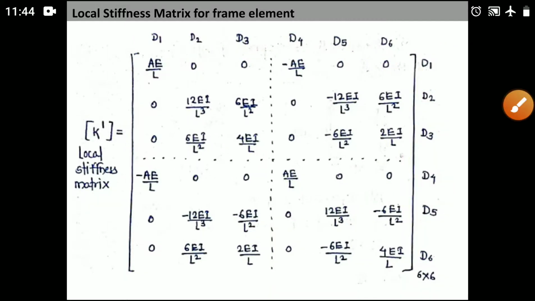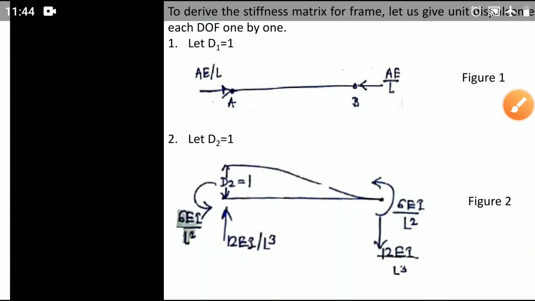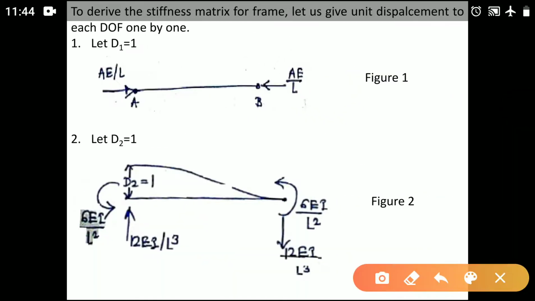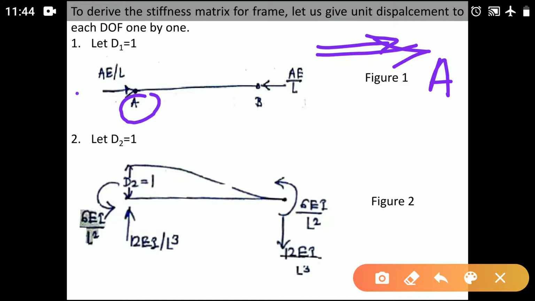So let us move to figure number 1. Here is figure number 1. The action corresponding to D1: D1 is what? Horizontal displacement. And the action corresponding to this D1 should be the horizontal force at end A. So see node A and the horizontal force at that end.